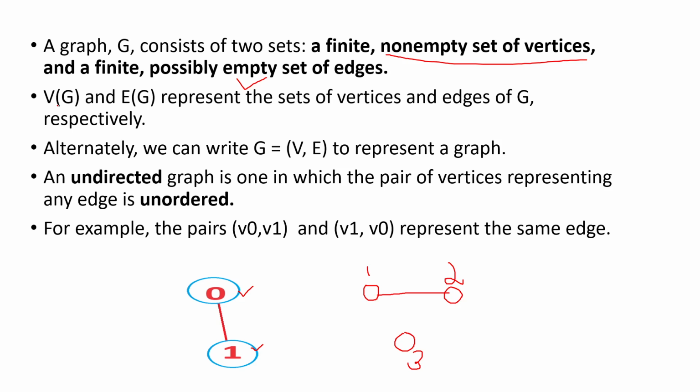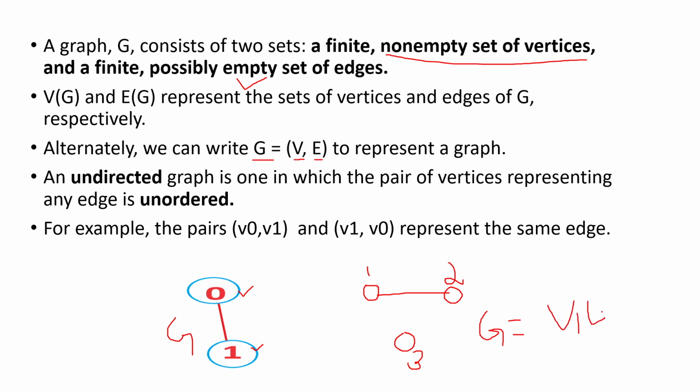These are indicated with respect to graph G. V(G) represents vertices, E(G) represents the set of edges. So we can also represent a graph. For example, if I say this is a graph G, then it has vertices and edges. In this case, what are the different vertices of G?